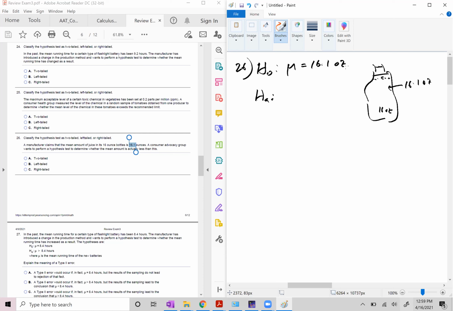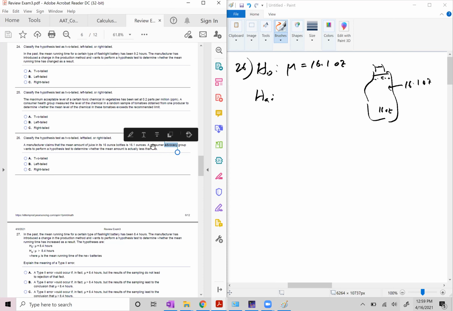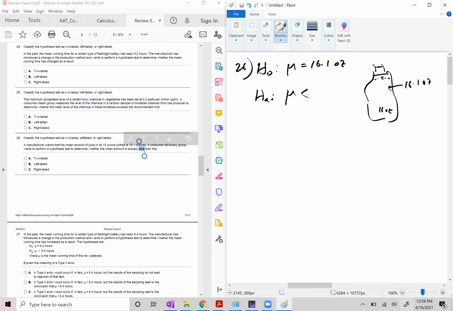Okay, so the manufacturer is claiming 16.1 ounces in its bottles, but a consumer advocacy group wants to test whether the mean amount is actually less than this. So they're testing whether this mean is less than 16.1 ounces. Now, what is this test?